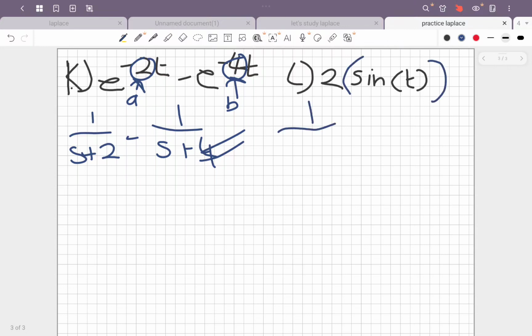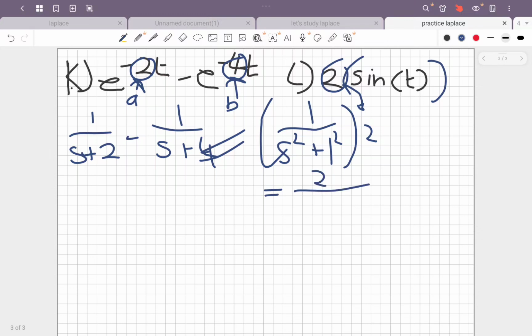We did the first one. Now we add 2 to the equation. Our final answer will be s squared plus 1 over 1 square. Once you finish it, it will still be a 1.